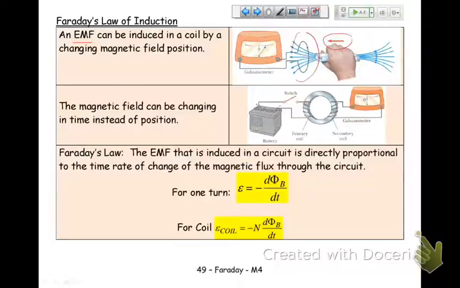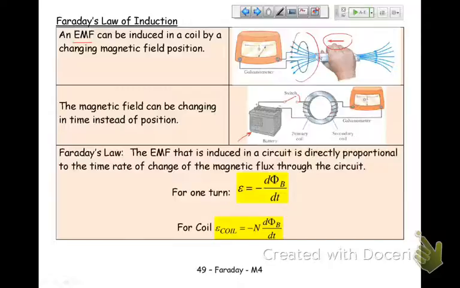Here's another example. This is just a DC voltage source with a switch, and an electromagnet when current flows through it, connected using a soft iron yoke to a receiving coil, which is connected to the galvanometer.